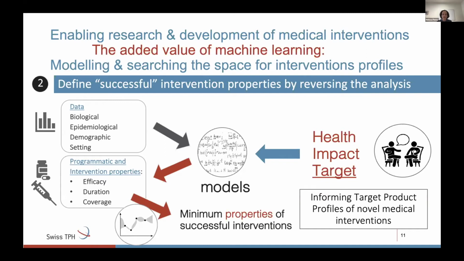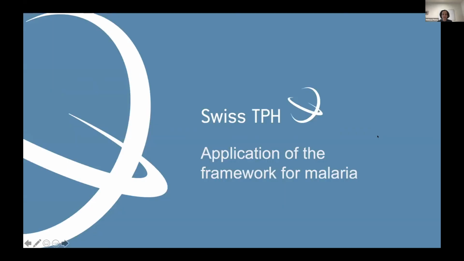And these are key reference documents for product developers to really make sure that when they're developing their vaccine or their monoclonal or their new treatment regimen, that they are really trying to meet this public health target that's been defined.